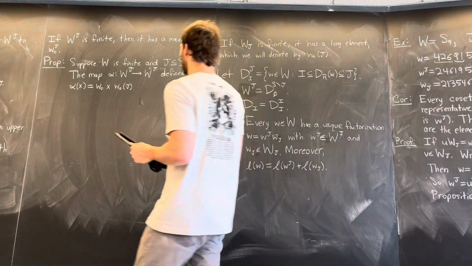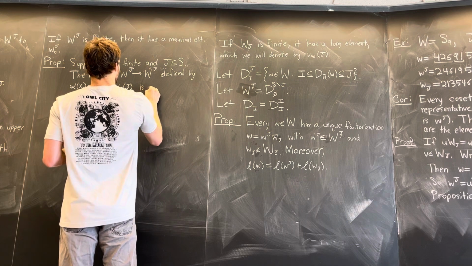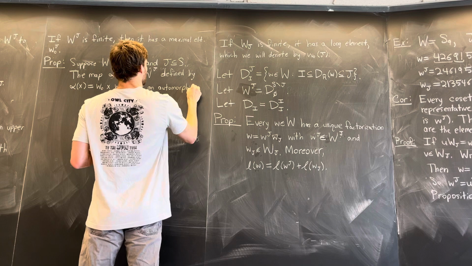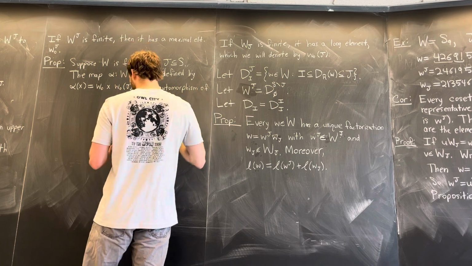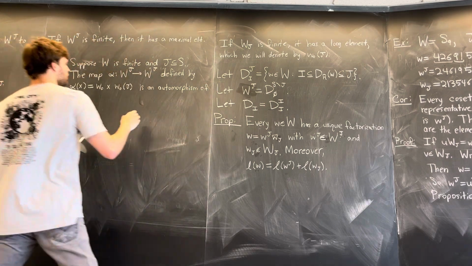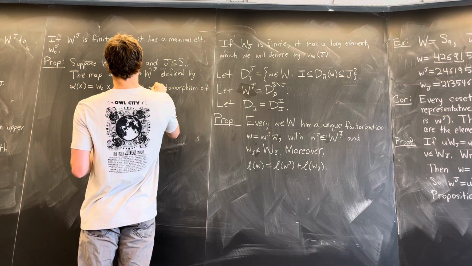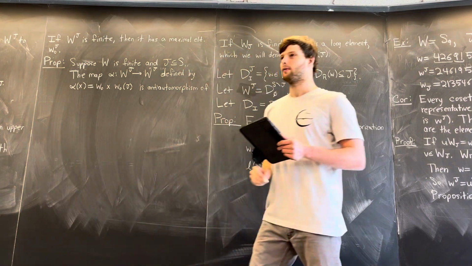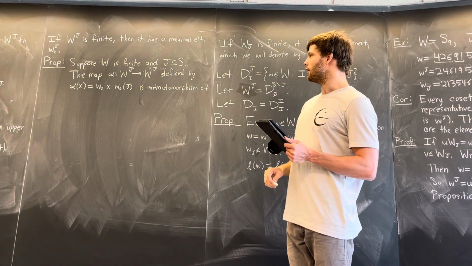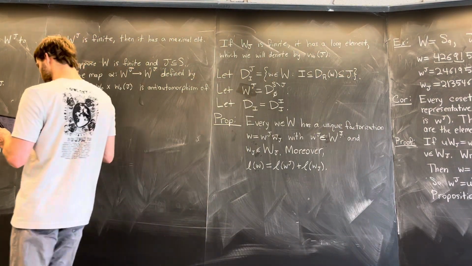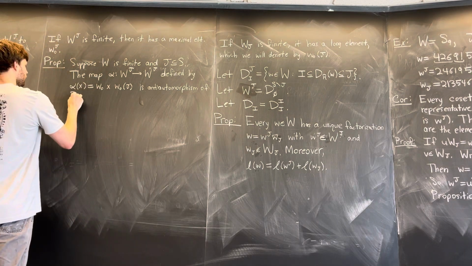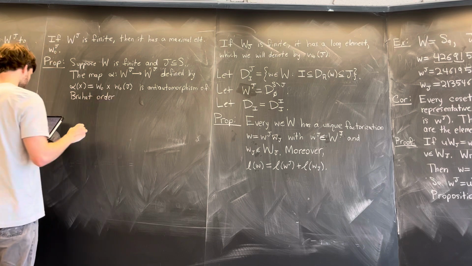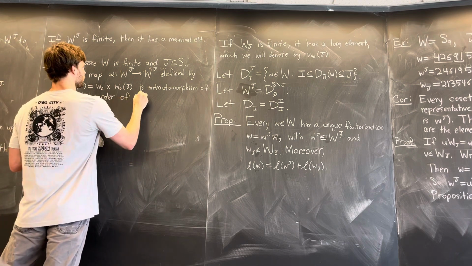So this is an anti-automorphism of Bruhat order on the parabolic quotient.